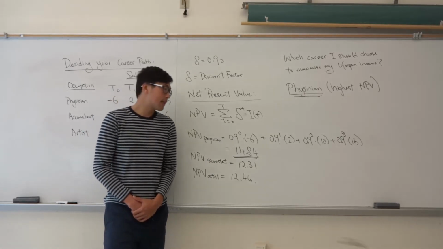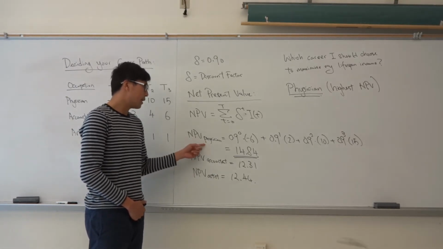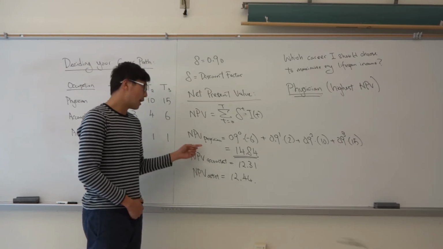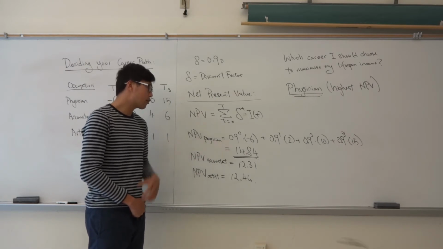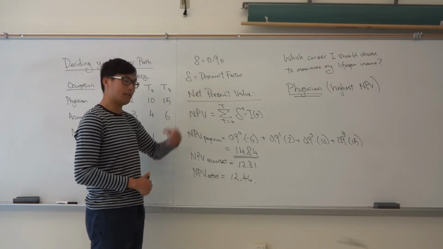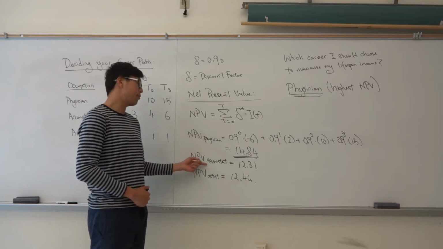So in this case, I actually picked physicians to be my career in the future. So that means I will actually have a higher return, well, from my point of view, right, because of my discount factor. I will have a higher return from this job compared to being an accountant.